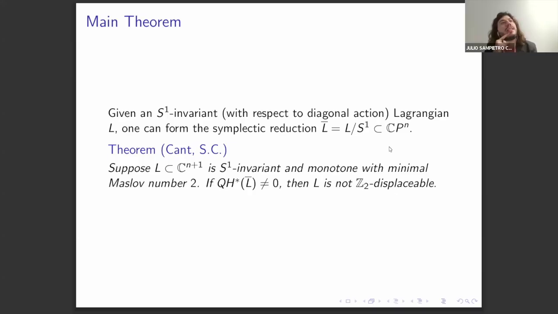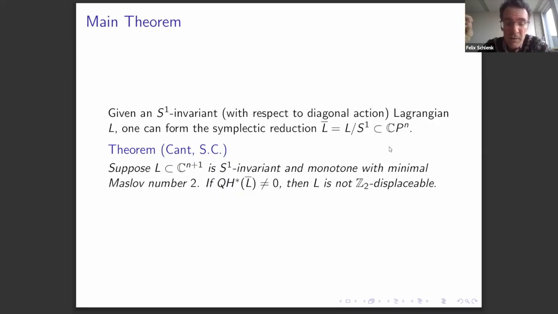I mean, for me, Eliashberg-Polterovich is in like a T star S2. No, I don't mean that one. So you take a half plane in R2, you take any curve. Now you see the half plane sits in a plane and you view it as the total diagonal in C2.